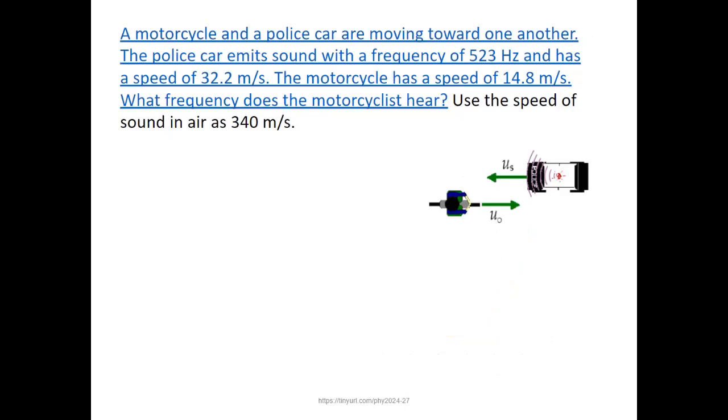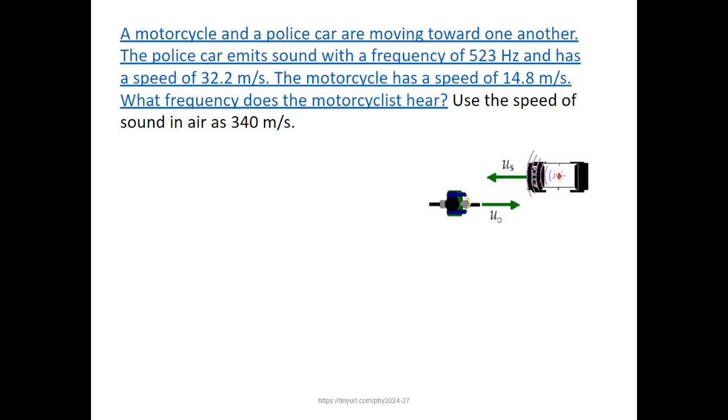The police car emits sound with a frequency of 523 hertz and has a speed of 32.2 meters per second. The motorcycle has a speed of 14.8 meters per second. What frequency does the motorcyclist hear?